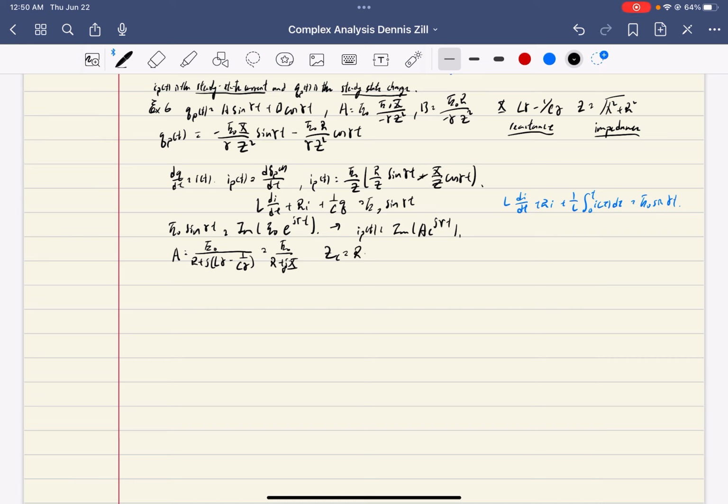So this is R plus j of this some equation is equal to, well, you make the substitution just to clean it up, right? And now j is, oh, I think it's an i. It's just an imaginary number.